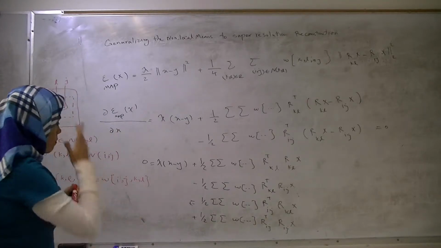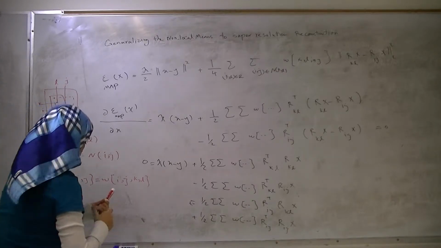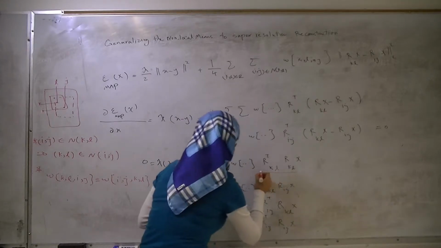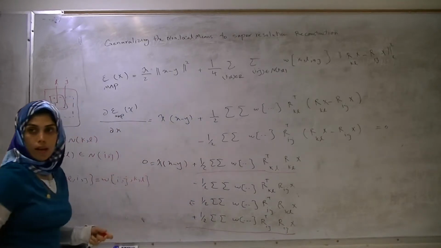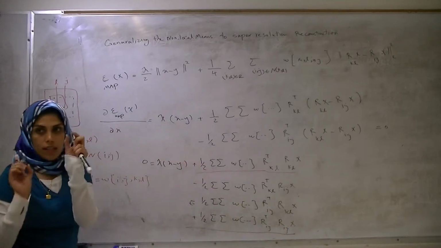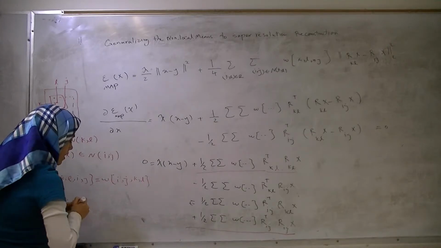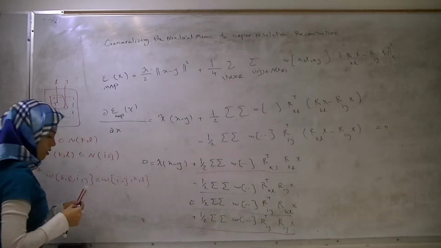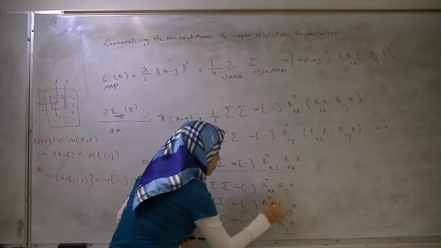So from these two, I can say that this one and this one are the same, because just the index changed, just the name of the I and J changed. And also I can say that these two are the same, because just the KL is here and this one.